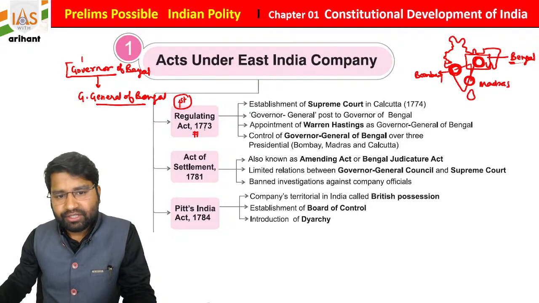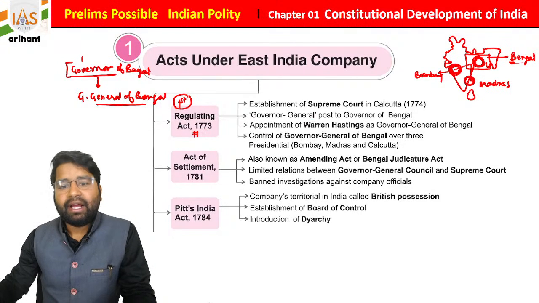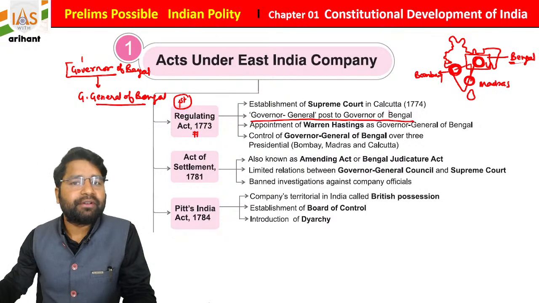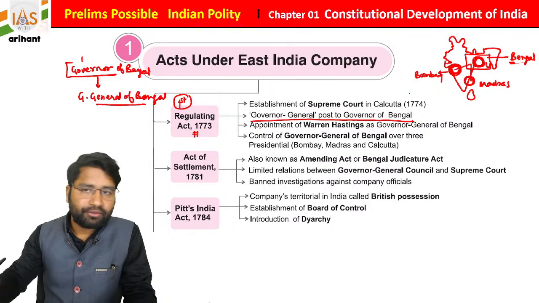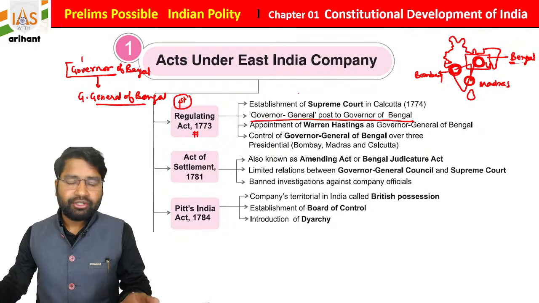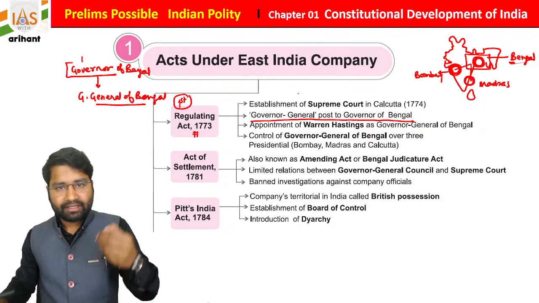Okay, so if you see, students, the Regulating Act was here, and as I told you, there is a modification in the post. Initially it was Governor of Bengal, later it came to be known as Governor General of Bengal. As I already told you, there was a company employee. They were trying to exploit India.